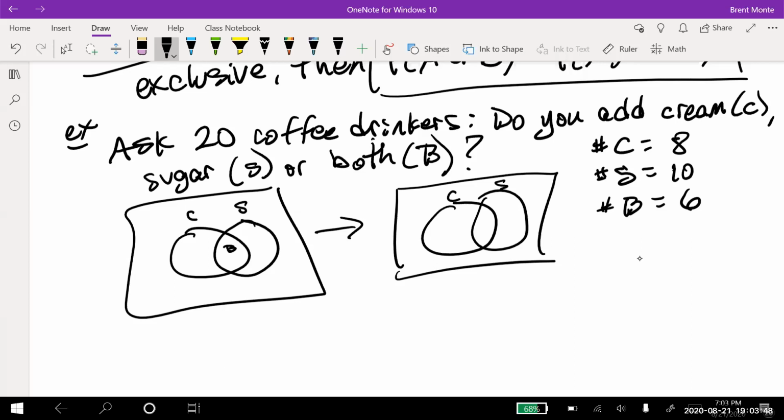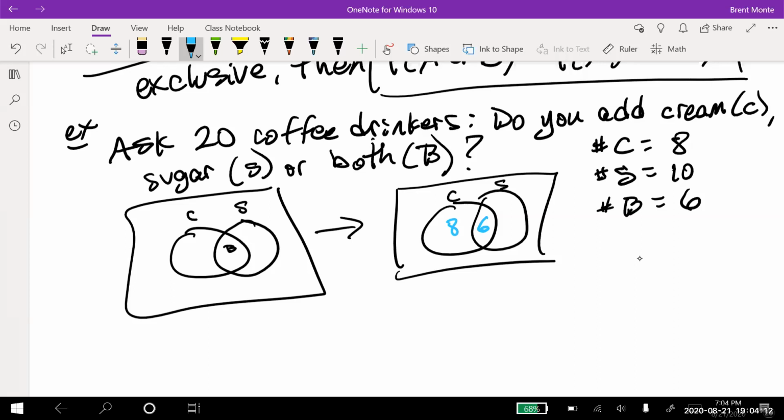So how do we start? We start with that both. That both we know is right in the middle. So we know that has to be 6 people who added both cream and sugar. So now can I put the 8 right here? No, I cannot. We know 8 people put cream in their coffee, but I've got an 8 in there and a 6 in the same circle.